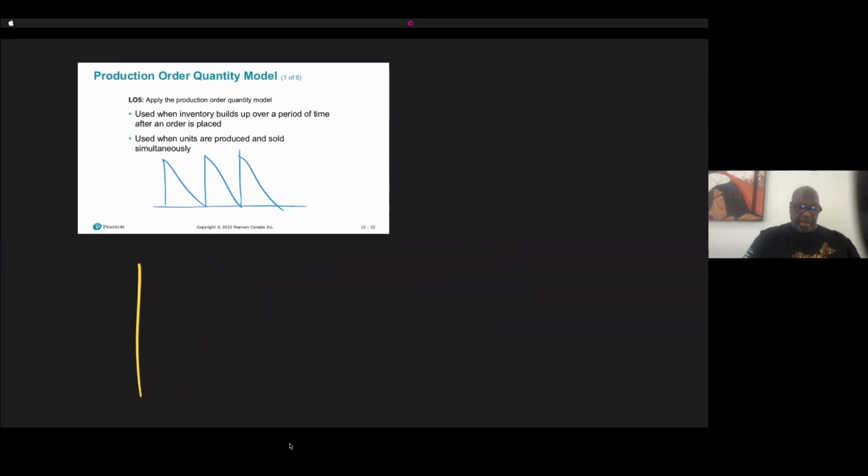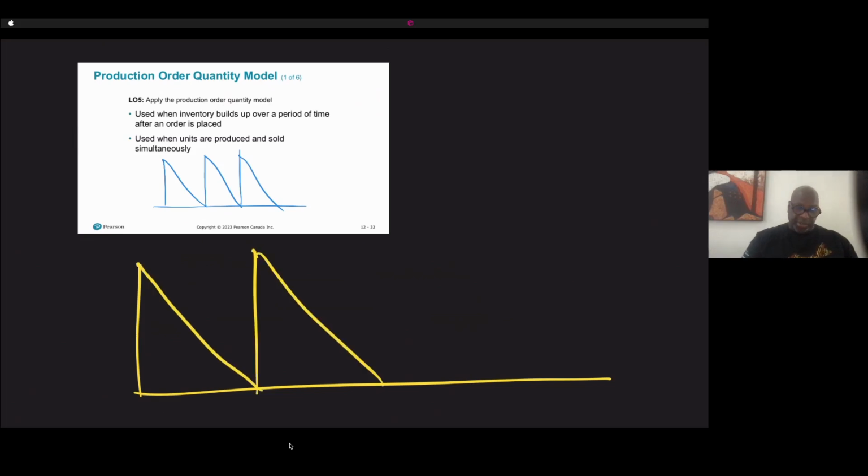I'll show you the modification that we have to make: now we will not acquire the inventory instantaneously, but we're going to build the inventory at a rate.